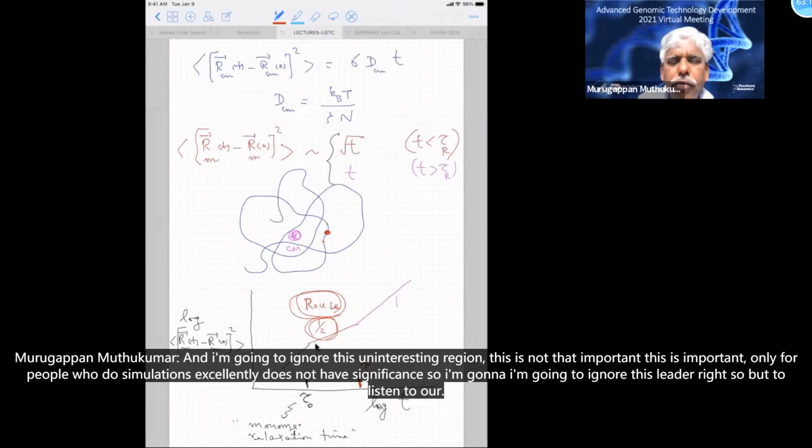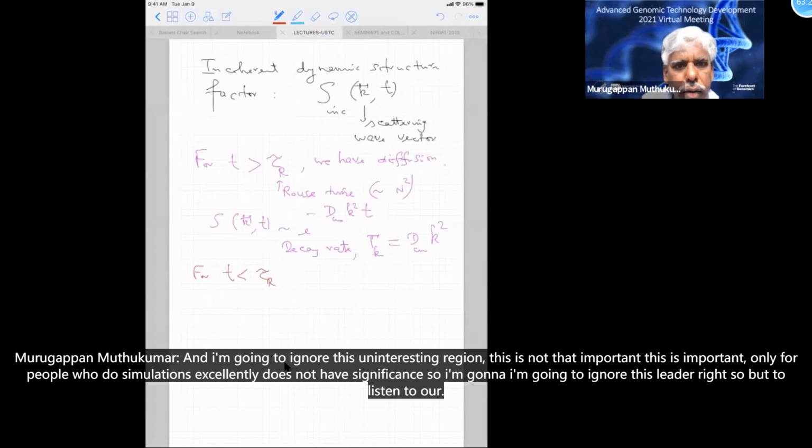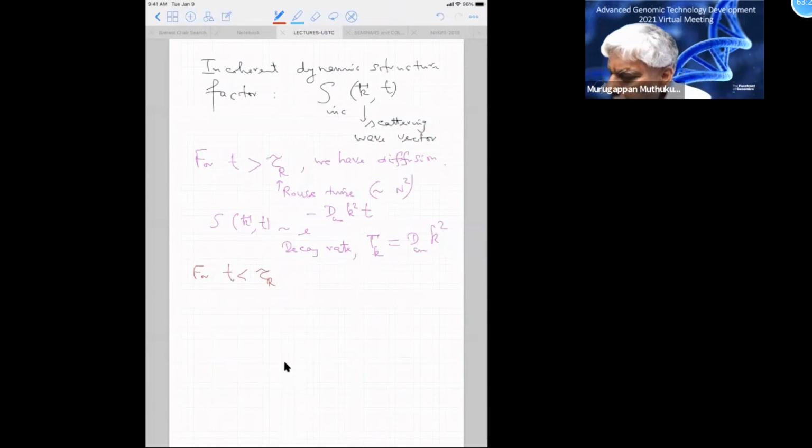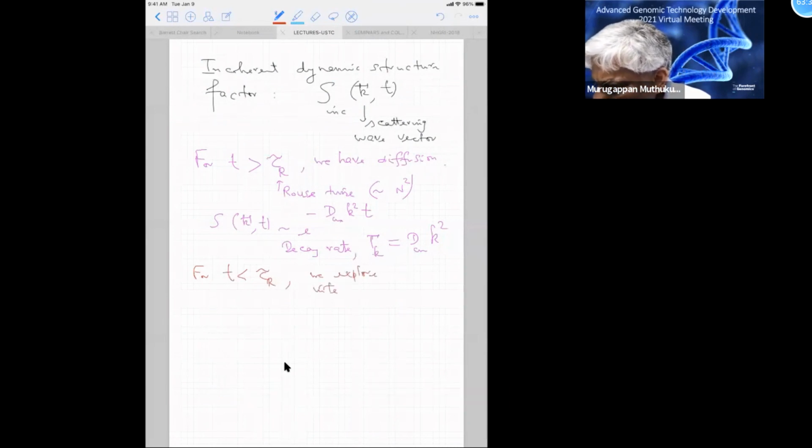Experimentally, this is not of significance. So I'm going to ignore this region. For t less than tau R, we are able to explore internal chain dynamics.